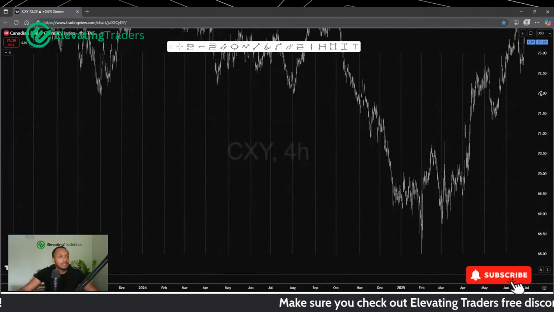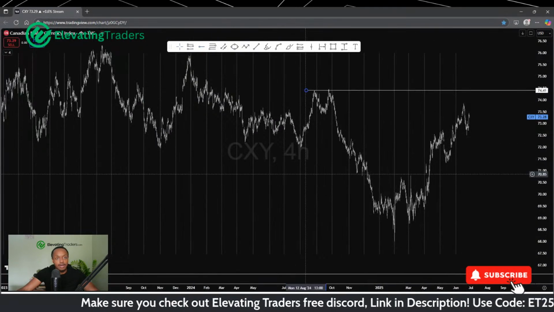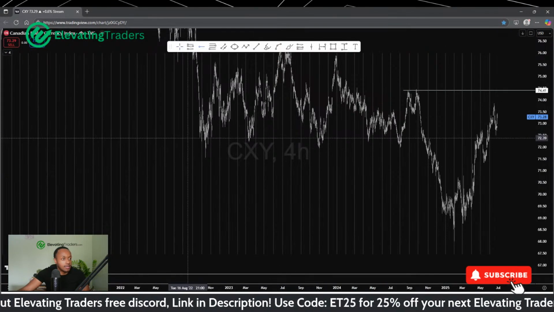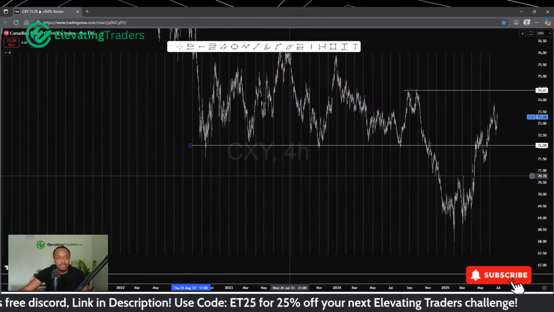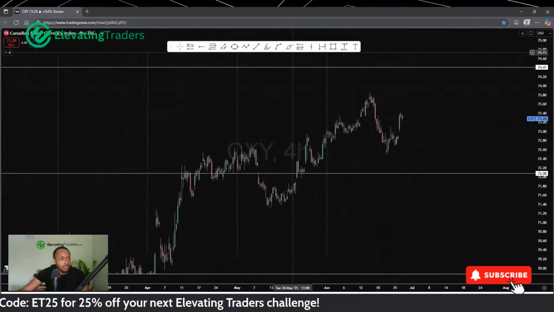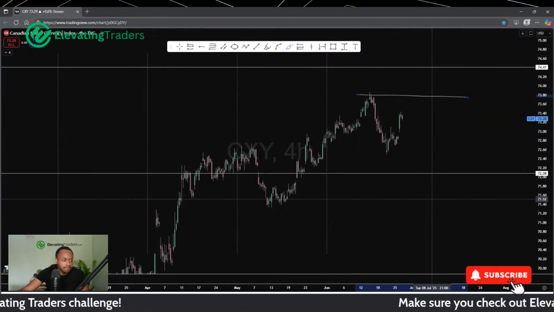There's a comfortable trend at the moment. We've got major resistance over here around 74.41. We've climbed back above major support here around 72. Momentum is very much up. To me, it looks like price is probably going to push back to resistance here at 73.8.